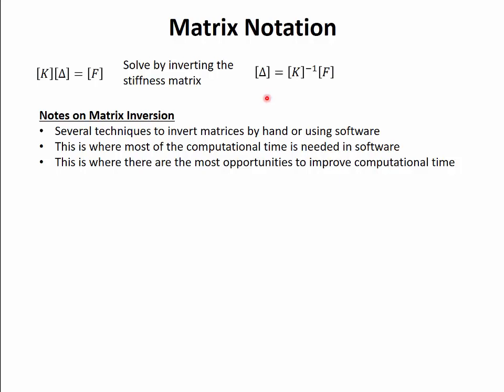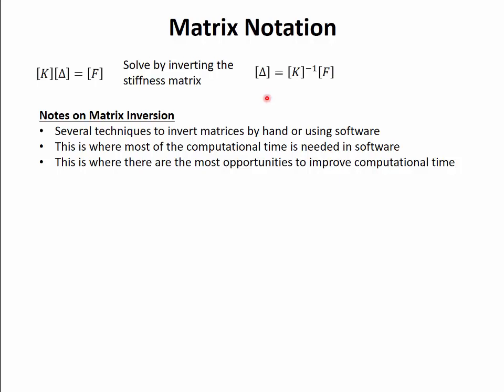So in the research area of finite elements, particularly in the early ages, a lot of time was spent not only on finite elements but on matrix methods and matrix algebra, on how to make this more computationally efficient and improve computational time. A lot of time is spent on tweaking programs. Many finite element programs are written by structural engineers, not by computer scientists or computer engineers.